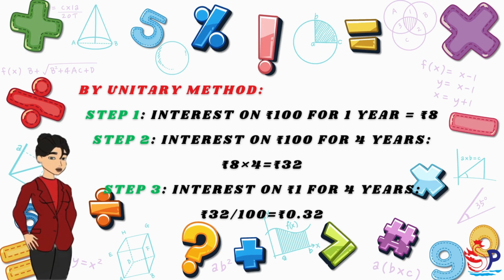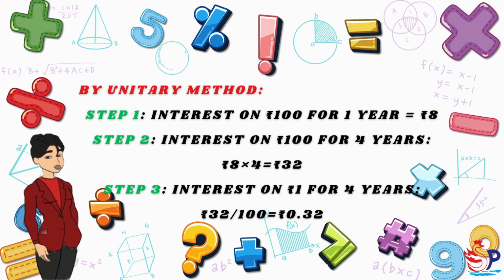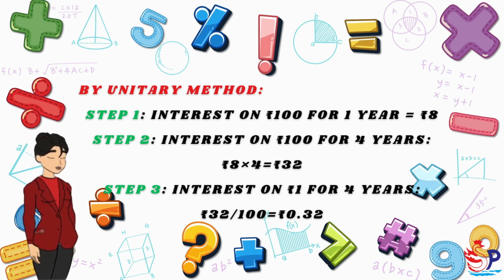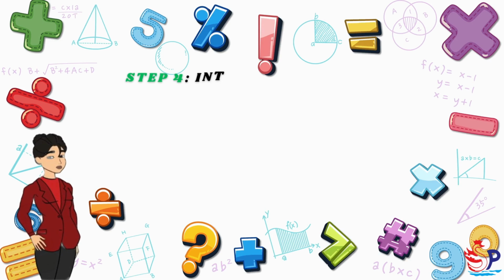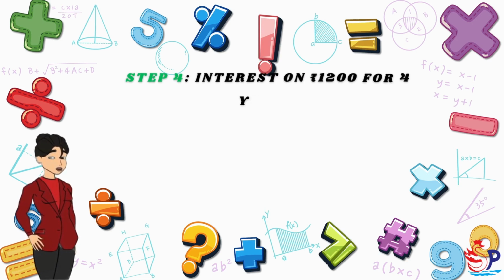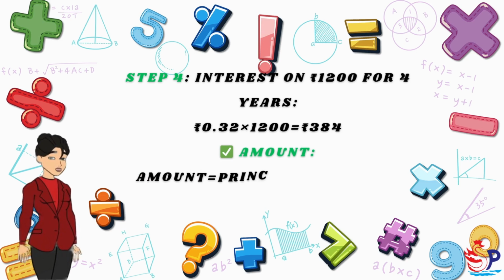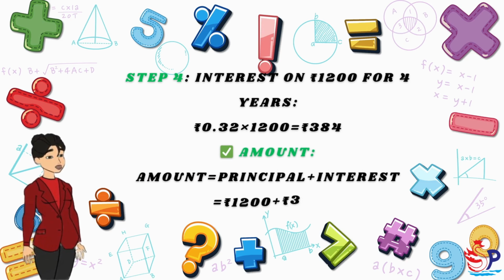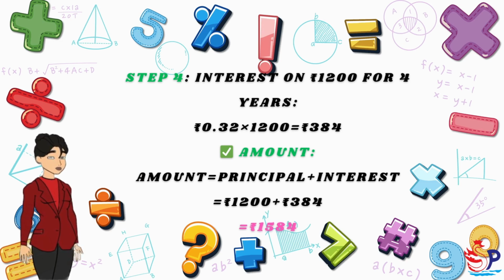Interest on 1 rupee for 4 years: 32 by 100 is equal to 32 paise. Step 4. Interest on 1,200 rupees for 4 years: 32 paise multiplied by 1200 is equal to 384 rupees.